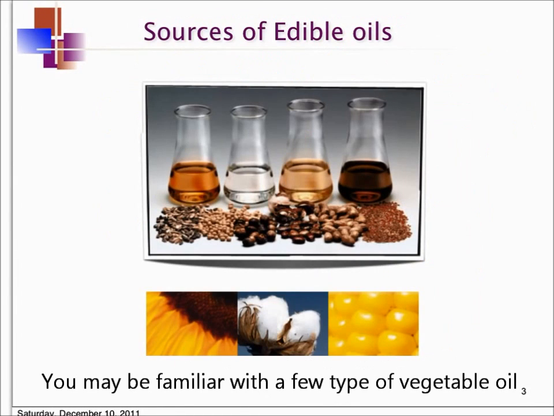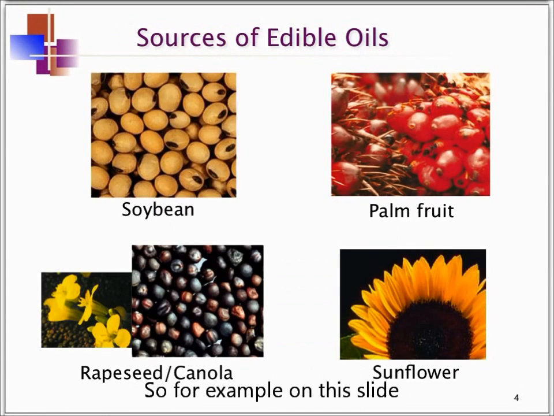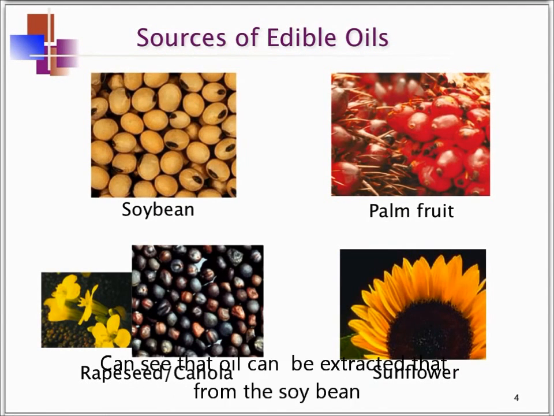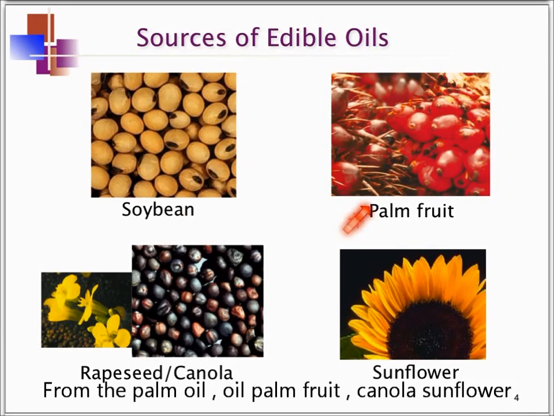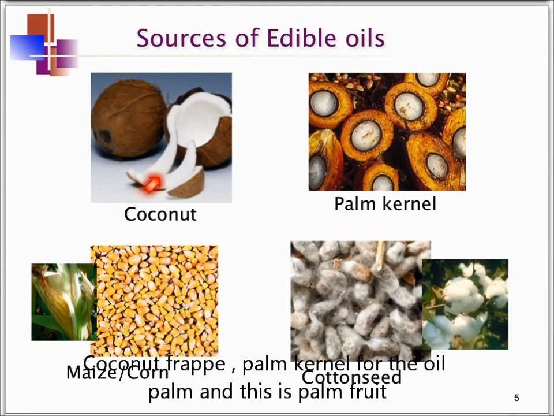You may be familiar with a few types of vegetable oil, but commercial oil can be extracted from various types of seed and fruits. So for example, on this slide you can see that oil can be extracted from the soybean, from the oil palm fruits, from canola, from sunflower, from the coconut flesh, and from the palm kernel. So for the oil palm, this is the oil palm fruits.